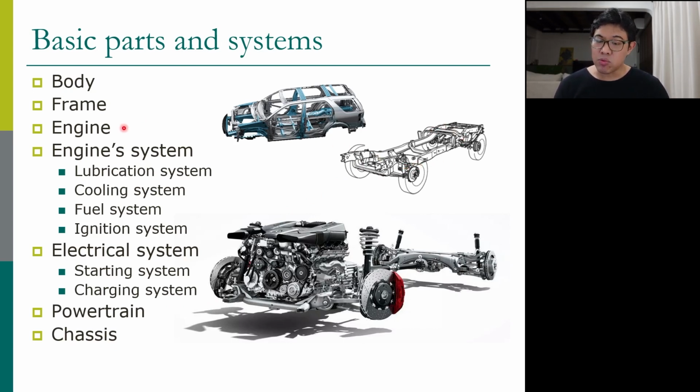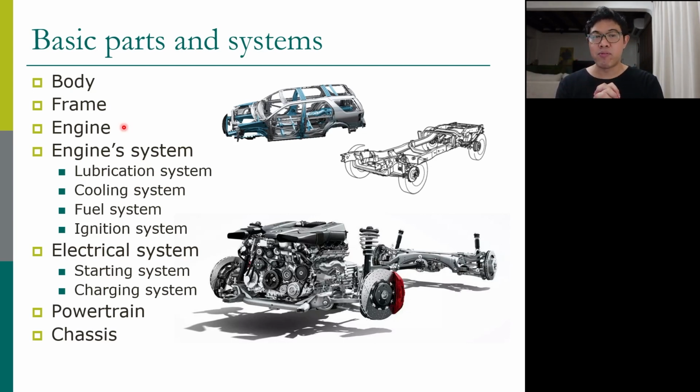Next we have the engine. The engine is the power source of the car. Of course, when you want to drive the car, to push the car forward, you need power. Therefore, we have the engine to create power. The power comes from the fuel. We have different types of fuels, and we burn the fuels and get energy out of that.